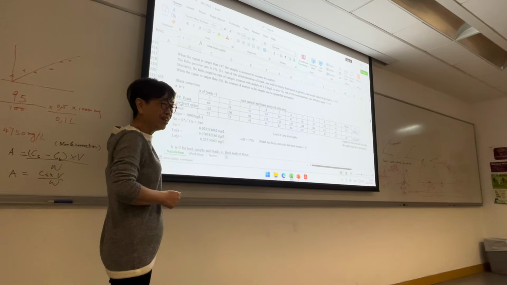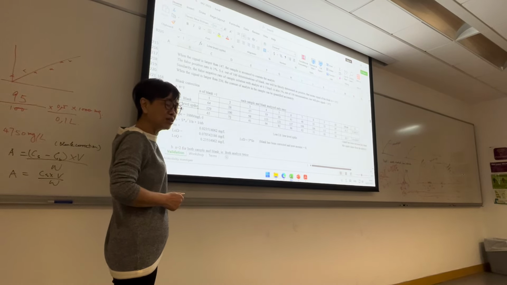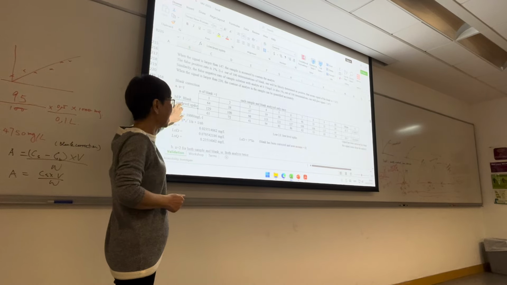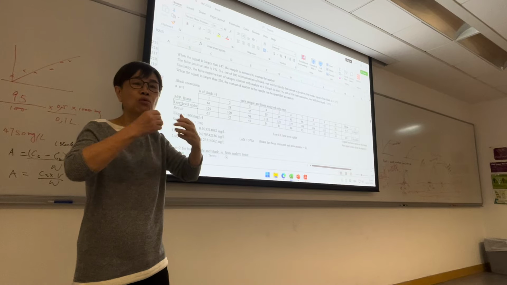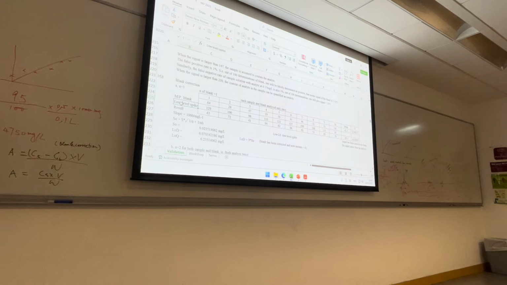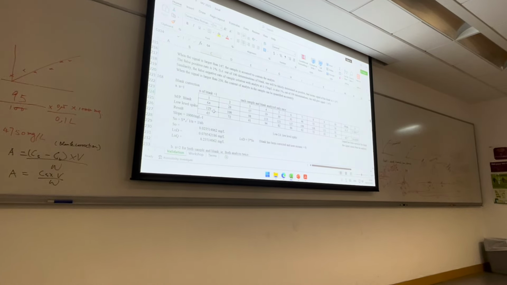So in the blank correction case, you must use a procedure blank, and then use a sample low-level spike to create some signal, okay? Then the result should be corrected. So the low-level spike signal minus the blank signal.